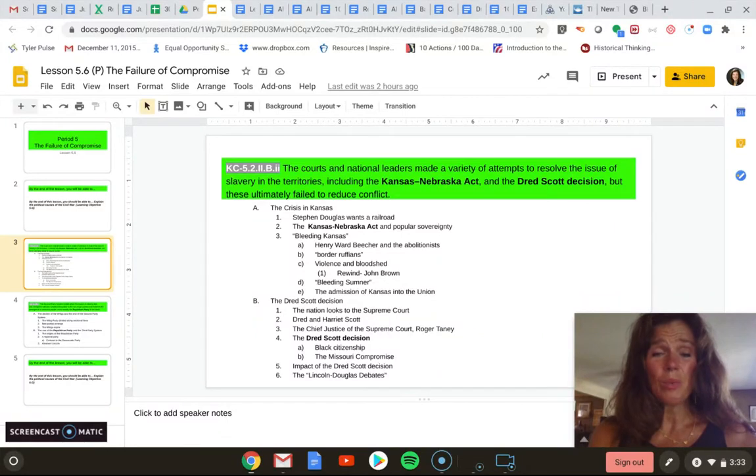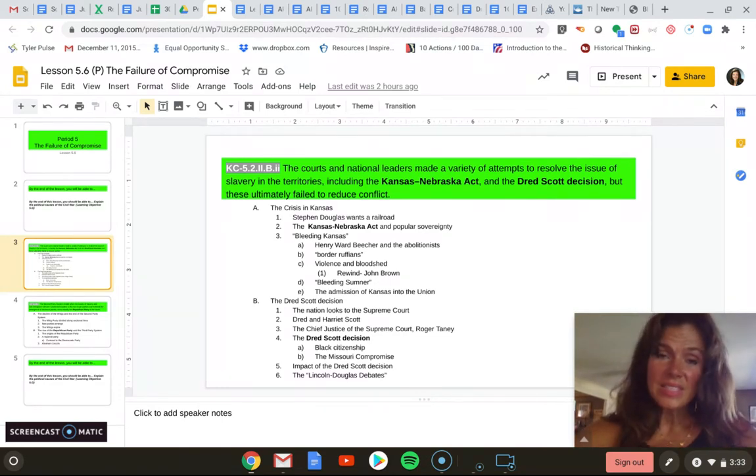Kansas submits a pro-slavery constitution to Congress, but it is an illegal constitution, so it is rejected by Congress. Then later a second constitution is written, and that one is approved. So when it's all said and done, Kansas does come into the United States of America as a free state.